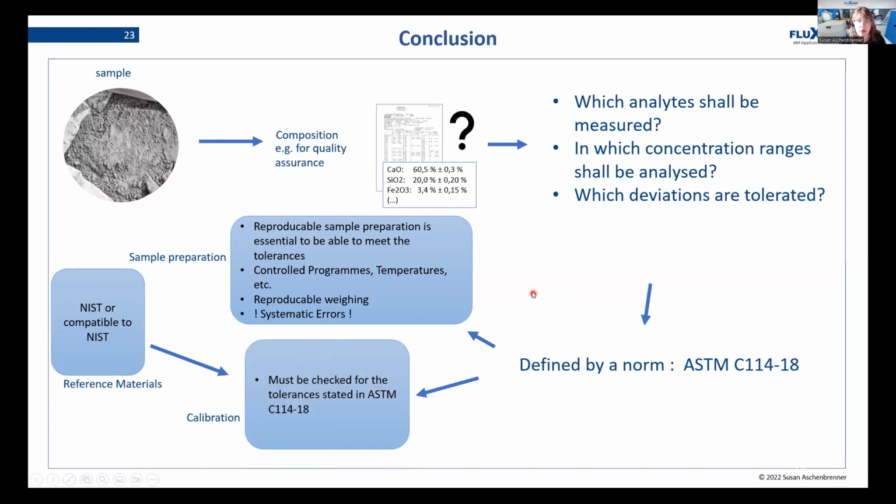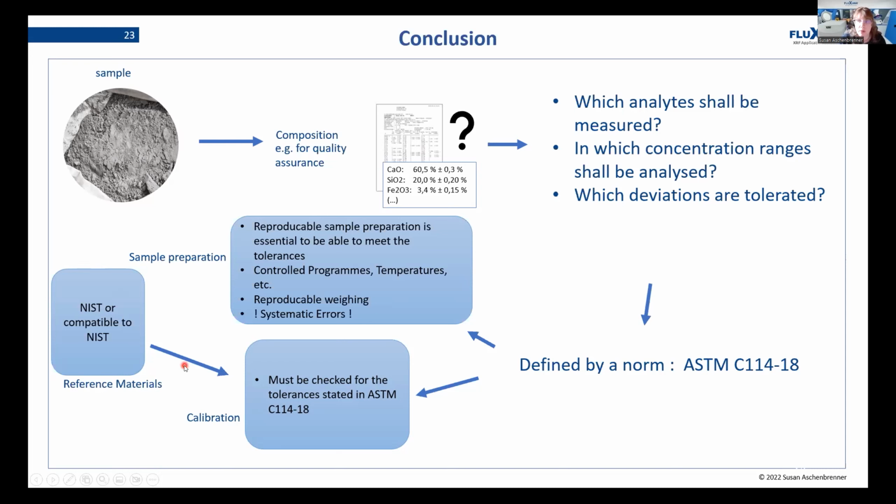And then for the calibration, you have to check it for the tolerances that are stated. And this is in table 1 of the norm. And if you keep in mind this part, because this is also very essential, the sample preparation, even if it was just a small part of the webinar today. And this part where you have to have high quality reference materials, because this is what this is about.